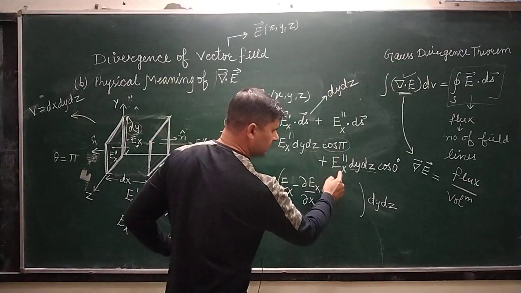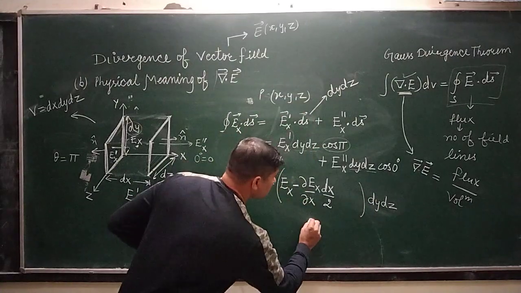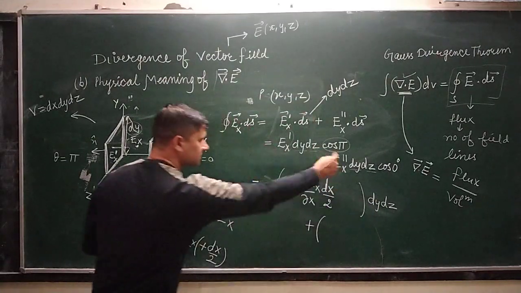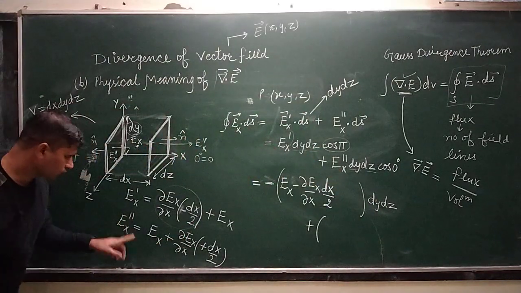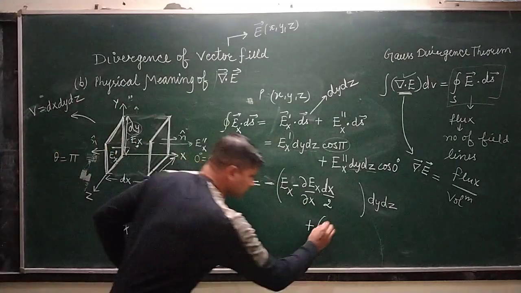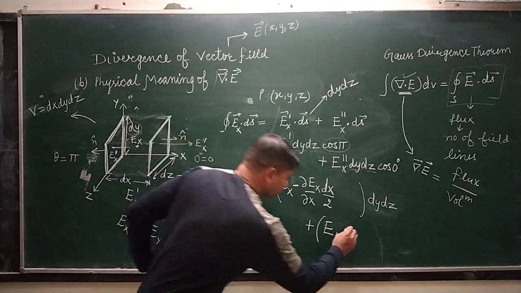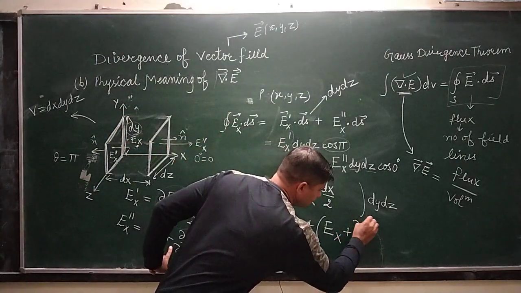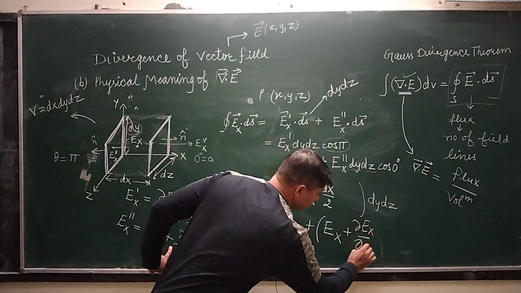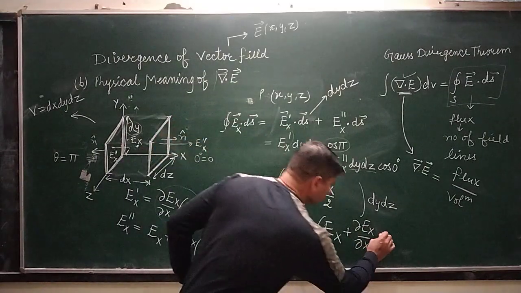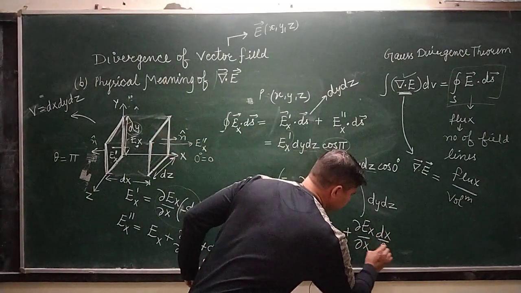Then you have Ex double dash, so now you have Ex2 at the second surface, so this is Ex and then plus curly Ex by curly x into dx by 2.